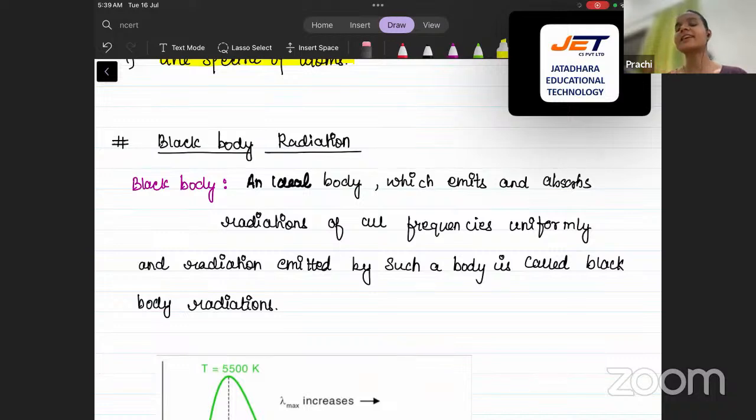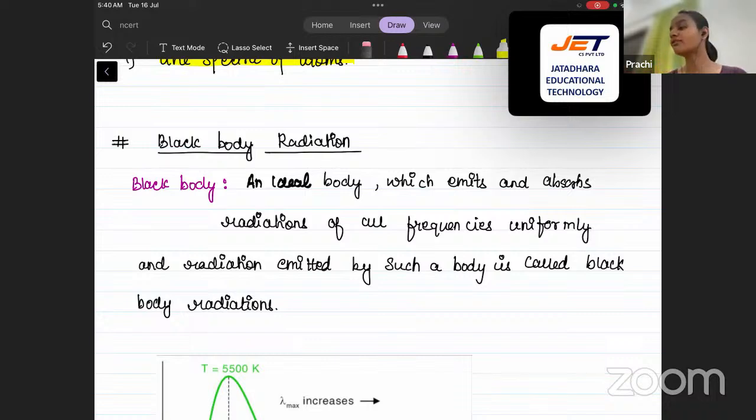Are you ready to learn about the black body radiation? Yes, Bhavna and Gayatri are ready. What about Omkar, Rakshit? Yes, Harika is also ready. Rakshit, you have to interact in chat. Omkar, you also have to interact in chat, so that I know whatever we are learning, you are able to grasp it. And if not, you have to mention that too in the chat, that okay ma'am, explain it again.